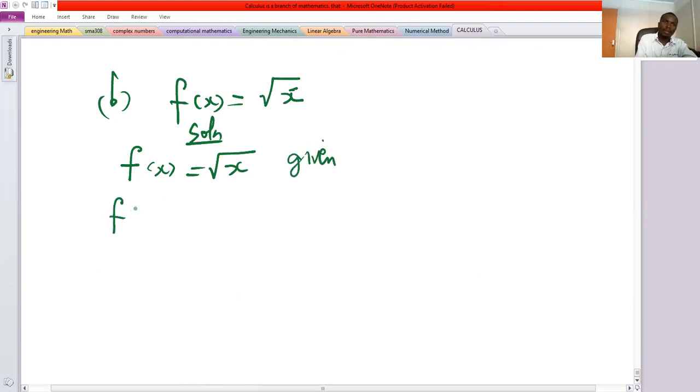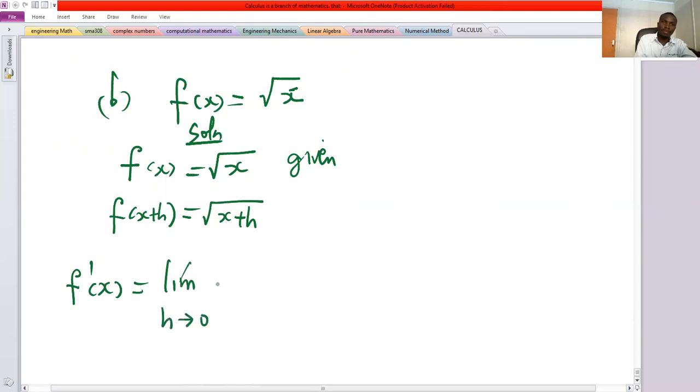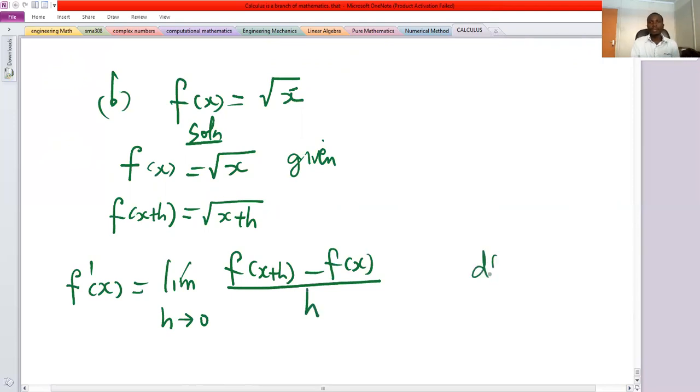We need f of x plus h to be square root of x plus h. And then the derivative is limit as h approaches 0 of f of x plus h minus f of x divided by h. This is from the definition.